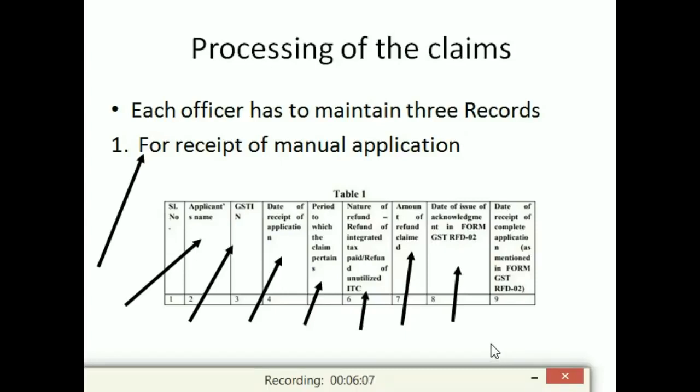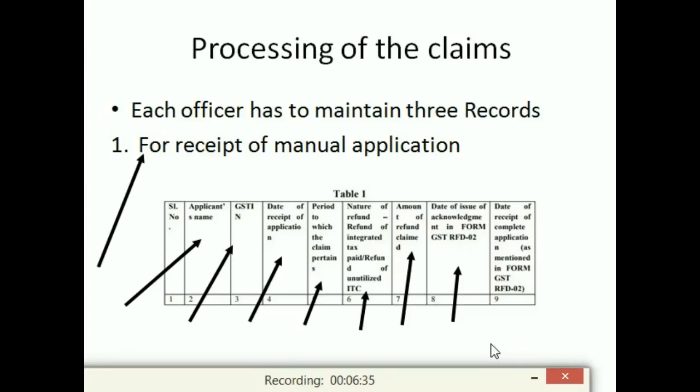Here we have to discuss something about the date of issue of acknowledgement. An acknowledgement has to be issued in form GST RFD-02 within 15 days from the receipt of the claim. In case any deficiency is found, we can issue a deficiency memo within 15 days.